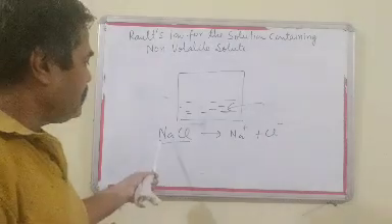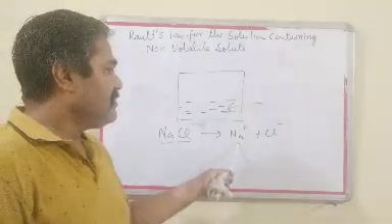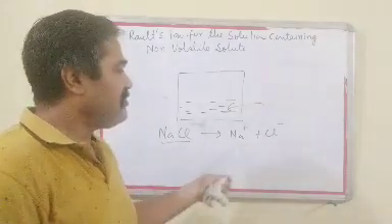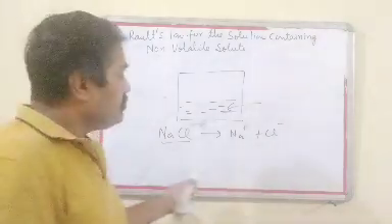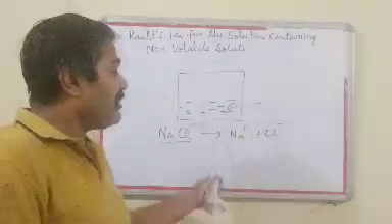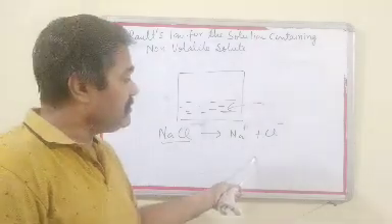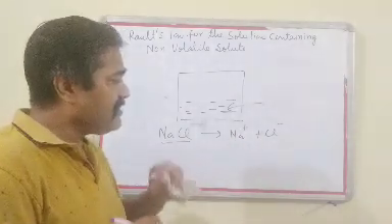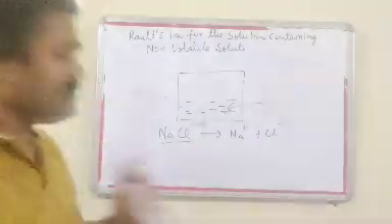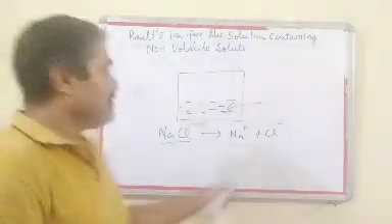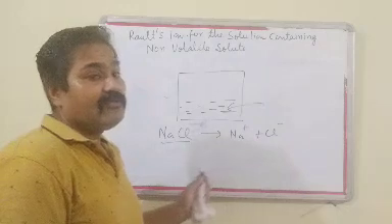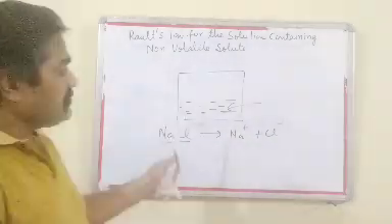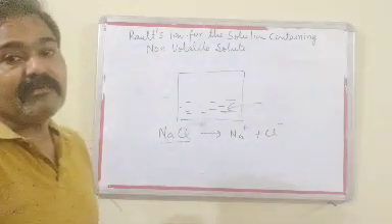The sodium chloride is dissociated into Na plus and Cl minus. So now the number of particles is 2. Whether they are ions or groups of ions doesn't matter, but the number of particles is 2. So we can say the colligative property will be doubled.